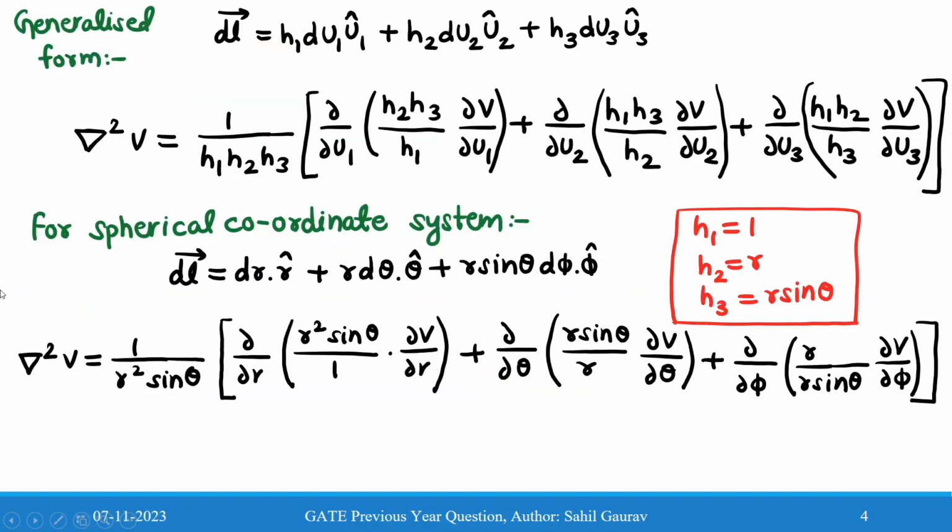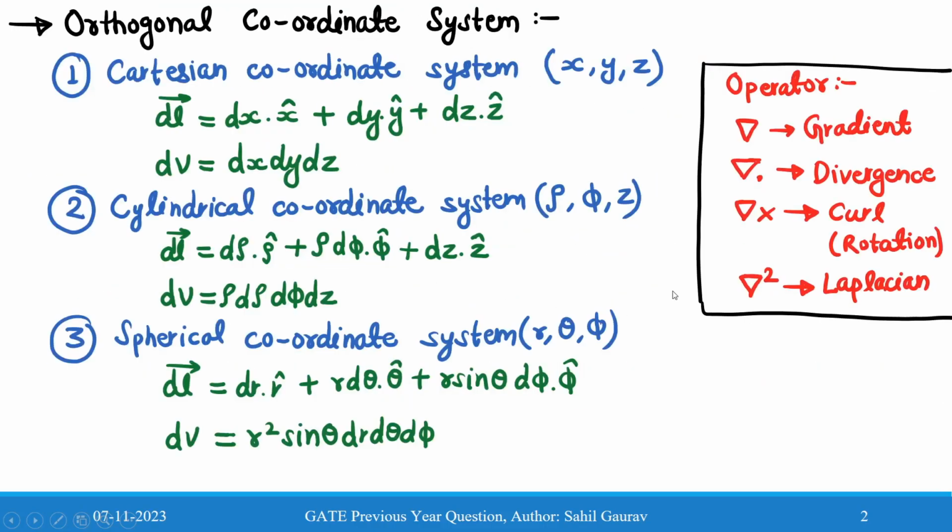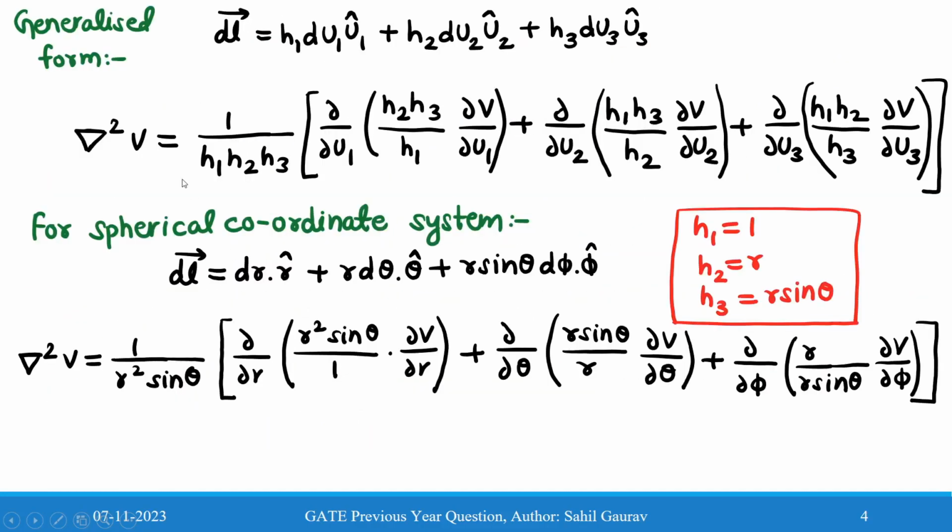Now, how can we find the Laplacian of any function? First we will write the generalized form of an orthogonal coordinate system, and then we find the Laplacian. The Laplacian in this generalized orthogonal coordinate system we can write like this: del square V equals 1 divided by h1 h2 h3 and so on.